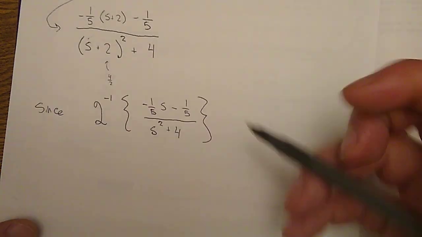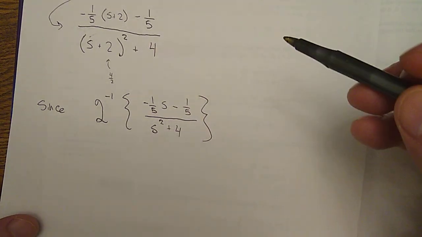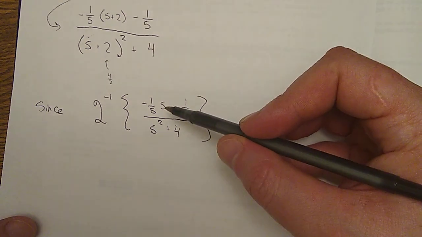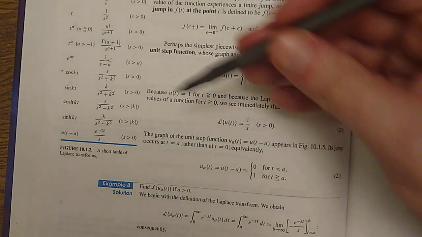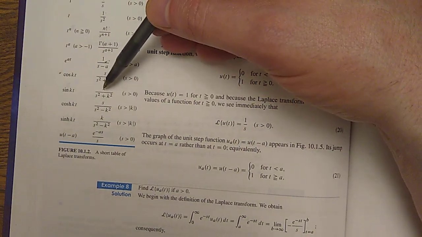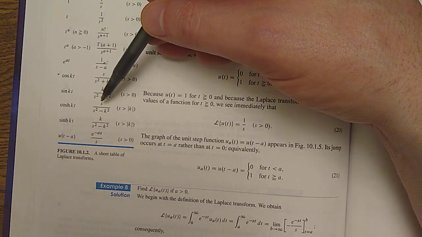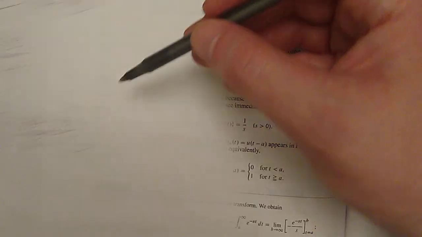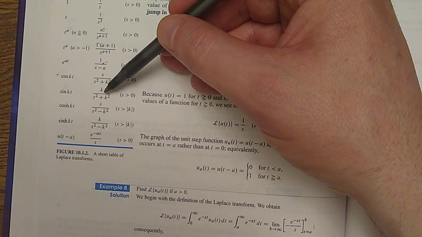I can break up the top of this fraction. So let's talk about what it would be if I was doing s over s squared plus 4. That's like this.